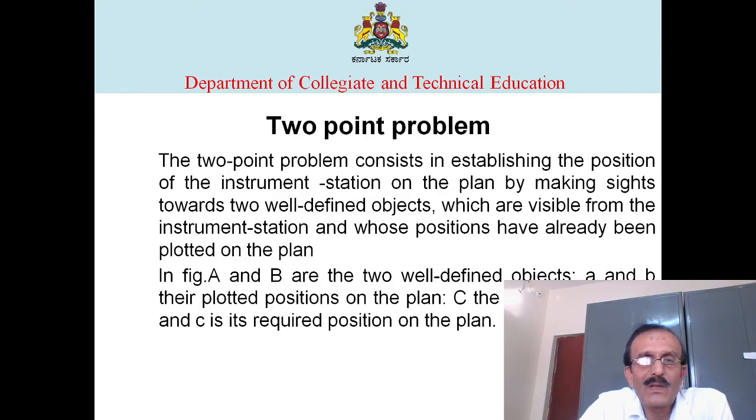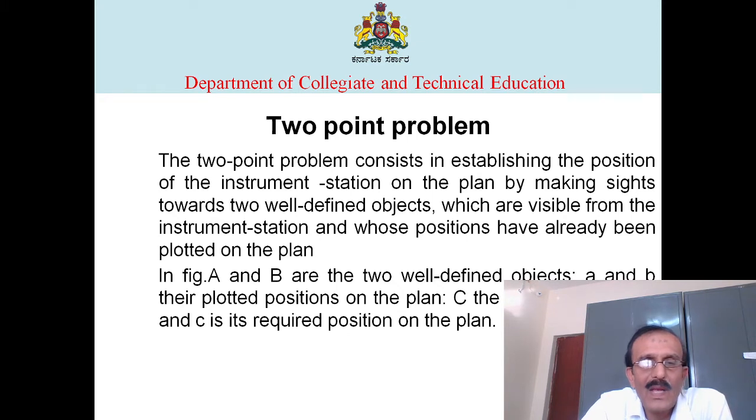The statement of the 2-point problem is that it consists of establishing the position of the instrument station on the plan by making sights towards two well-defined objects which are visible from the instrument station and whose positions have already been plotted on the plan.